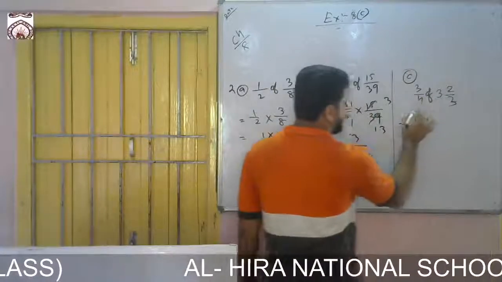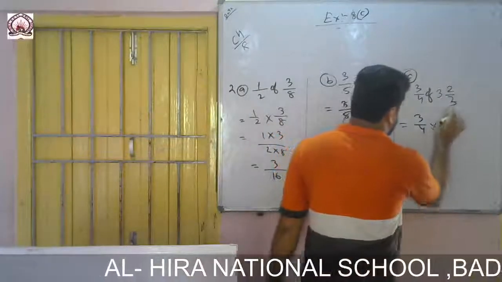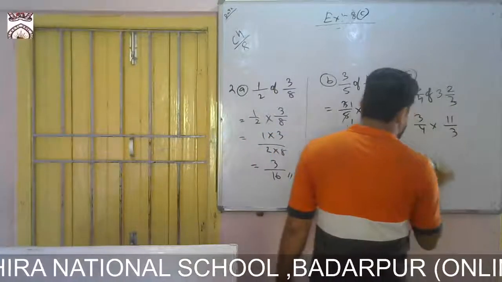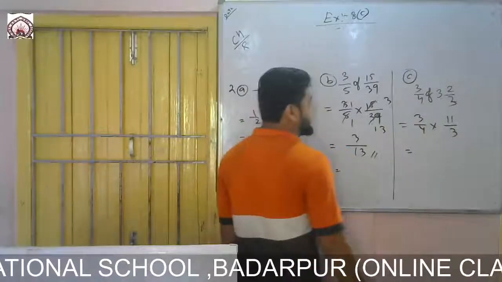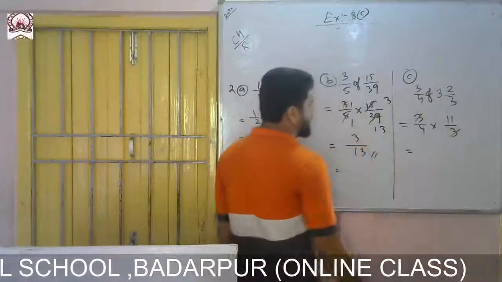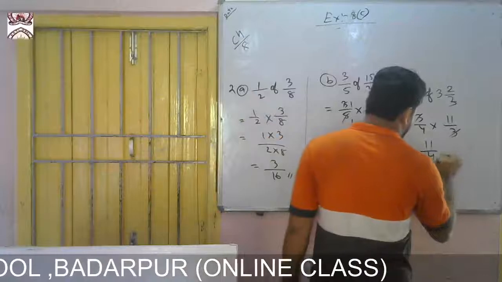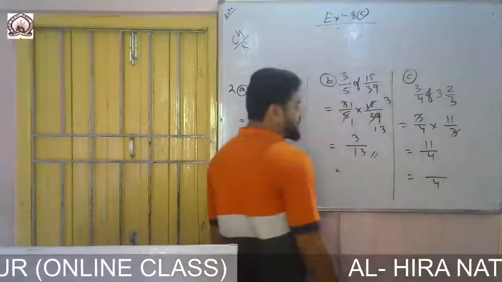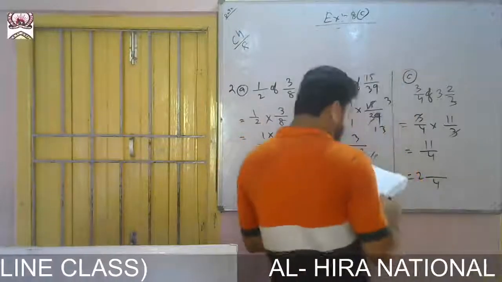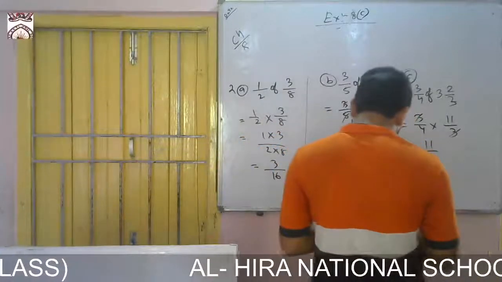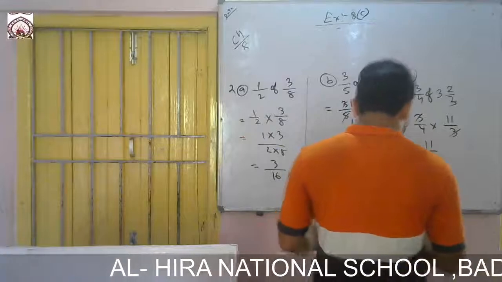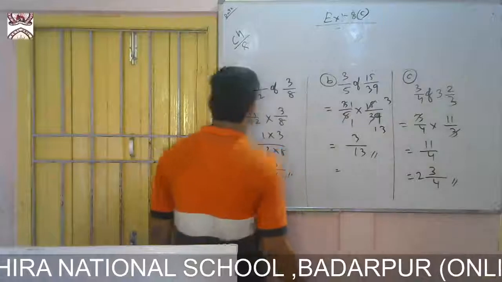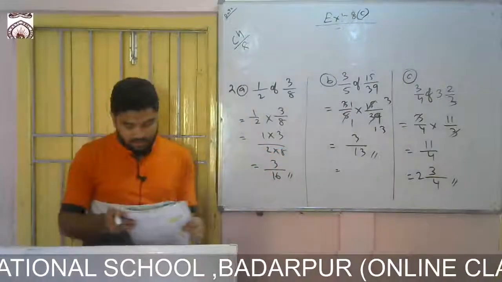First you break this one. 3 by 4 into, you break 3 3s are 9, 10, 11 by 3. Now check whether they get cancelled or not. Yes, 3 get cancelled. So 11 by 4 remain. That means take into mixed fraction. 4 2s are 8, 9, 10, 11, remain 3. So this is the answer.